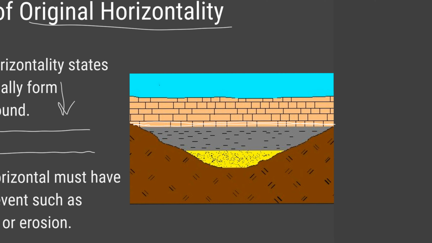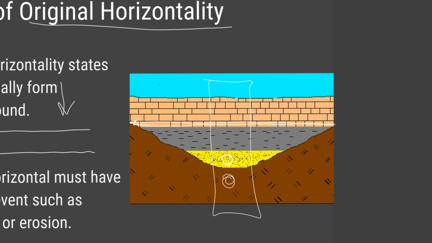And it's important to look at the whole layer here because the law of superposition tells us that this yellow layer is above the brown layer. So when we look at the full column here, we know that this yellow layer is younger than the brown layer. But if you just look at the topmost parts, the brown layer extends above the yellow layer, but that doesn't mean that it's younger. This formed first.